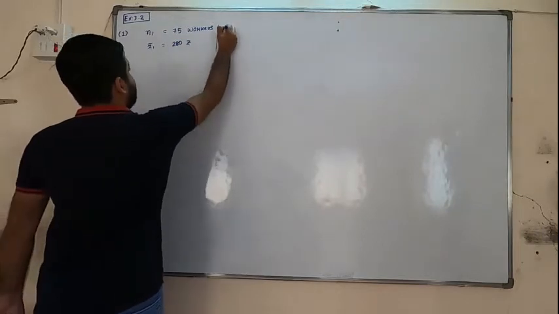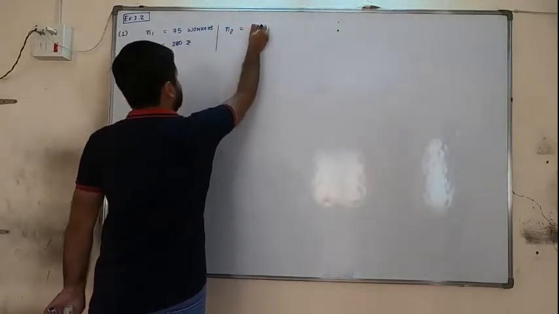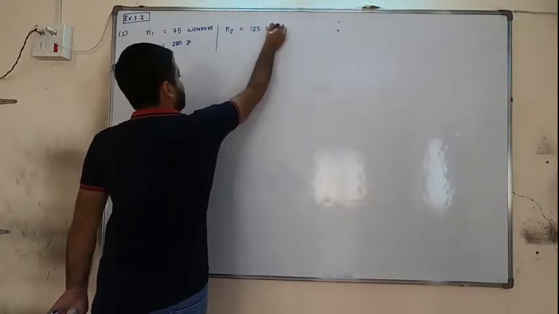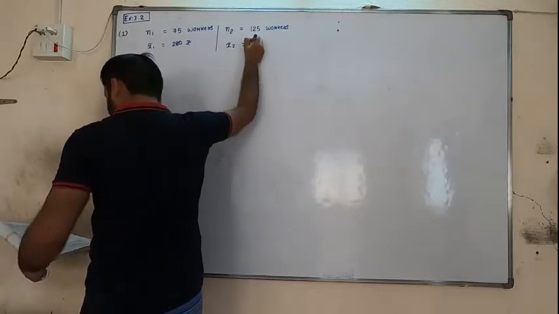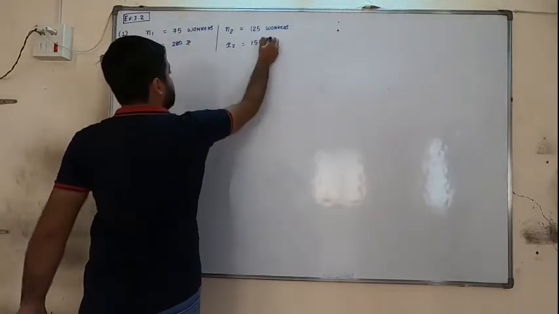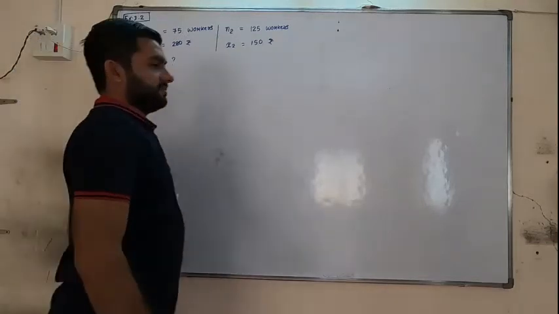Now in the second type of data, n2 is 125 workers and their mean wage x2 bar is 150 rupees. Now what we need is x bar c.